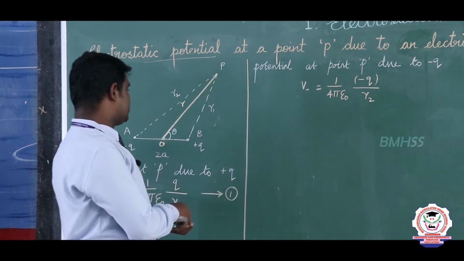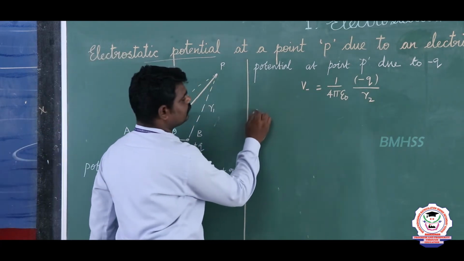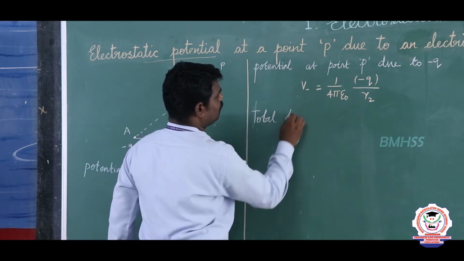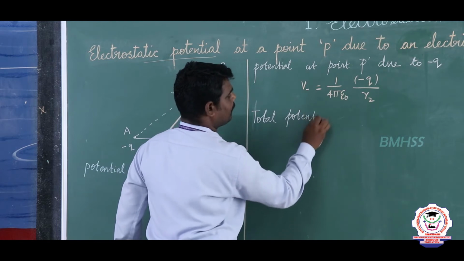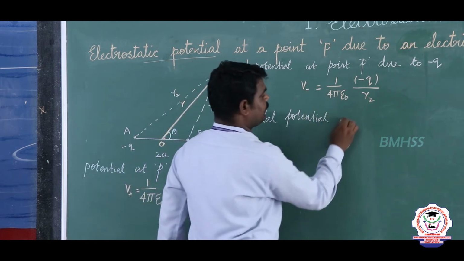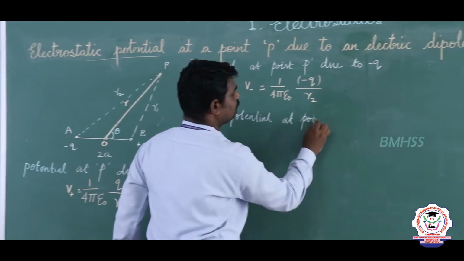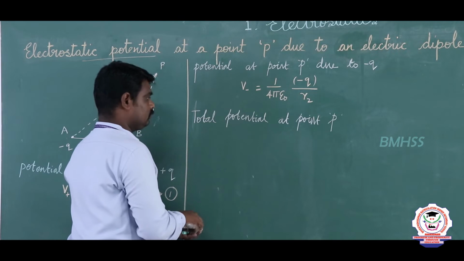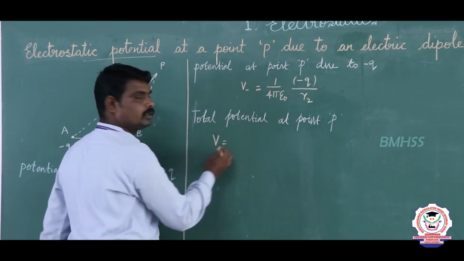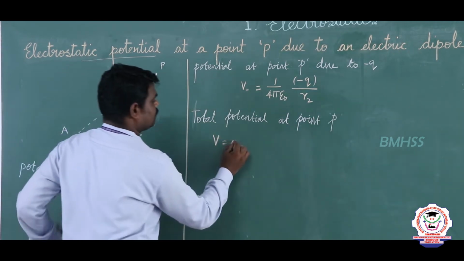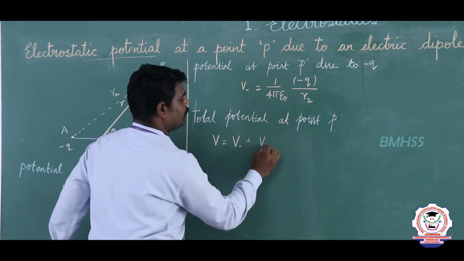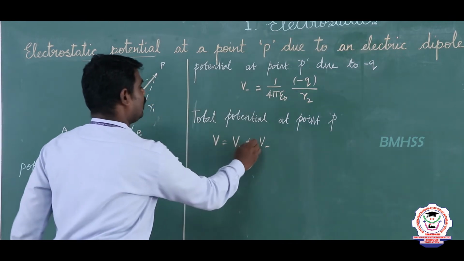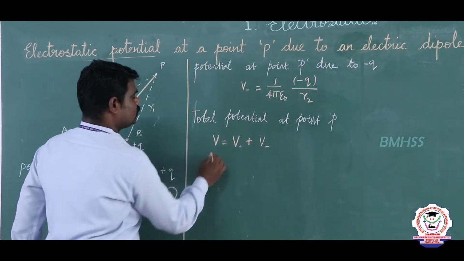So, the total potential at point P, V is equal to V plus plus V minus, the summation or adding of the two potentials.